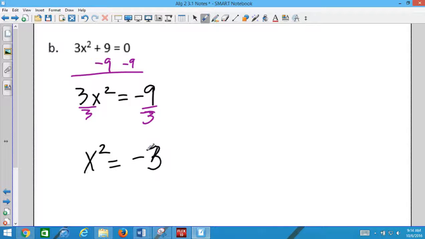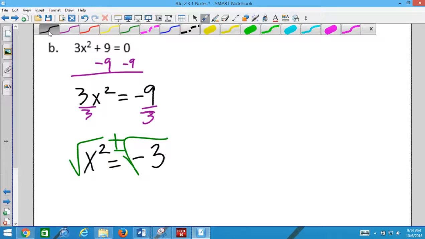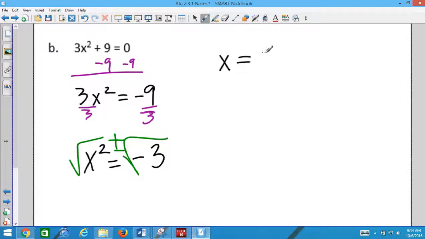Okay, I have x squared equals negative 3. I have x squared, so what can I do at this point? Square root. But if I square root, I have to include both answers, plus and minus. So I have plus minus square root negative 3.